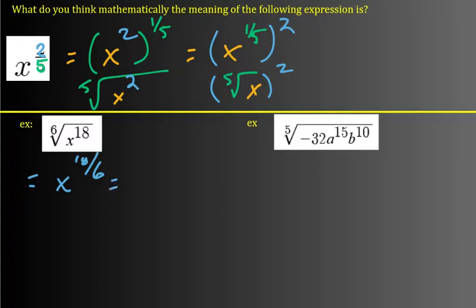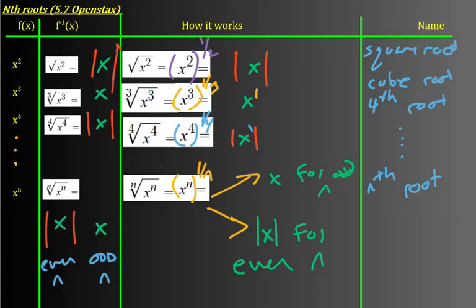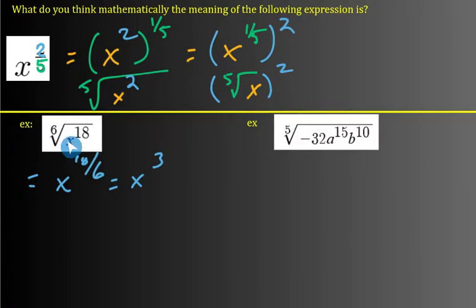And then we know that 18 divided by 6 is 3. And probably the most common answer I would get from students would be that. But if you thought that was the right answer, you'd be wrong because of what I just talked about over here a bunch. You are doing an even root of x to the 18th in here.